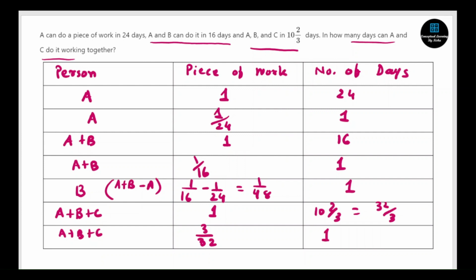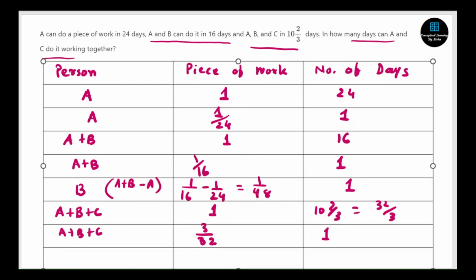Now we have to find in how many days A and C can do the same work together. So I have to find for A and C. How do I get A plus C? If I take A plus B plus C minus B, I'll get A plus C. So basically I have to do 3 upon 32 minus the amount of B's work, 1 over 48.